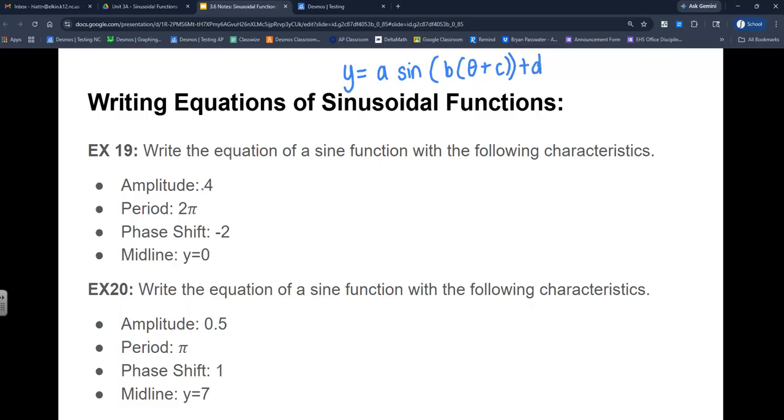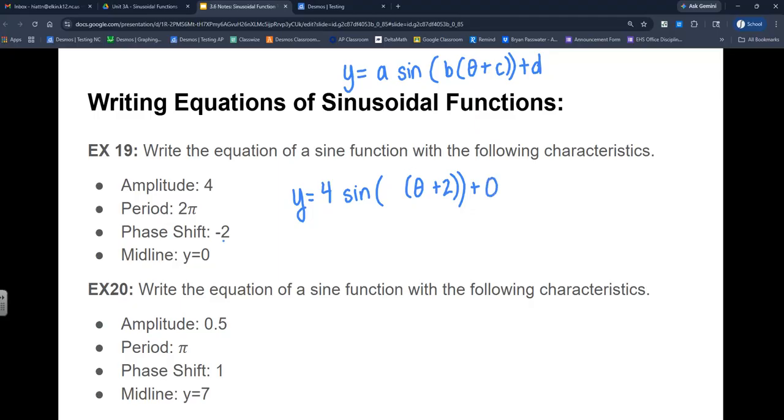So if I have an amplitude of 4, that means that my a value is going to be 4. I'm going to have sine. I am going to leave the b alone for a second. And then I'll have theta. Phase shift of negative 2 means that I'll have a positive 2 right here. And then a midline of 0. So that's the d value there on the end.